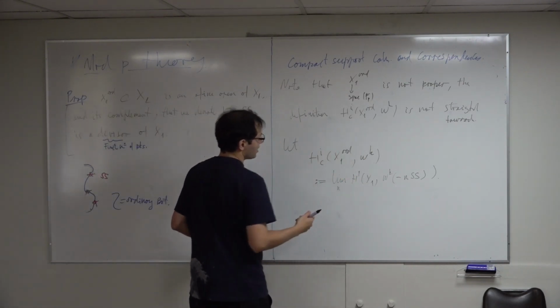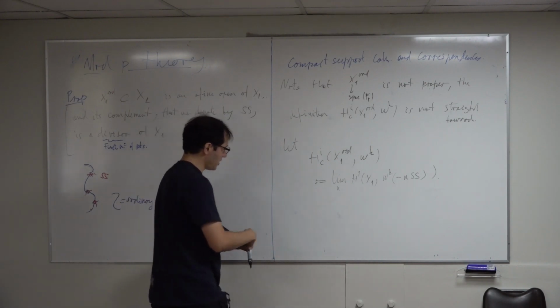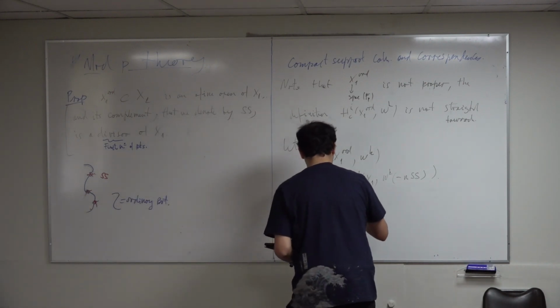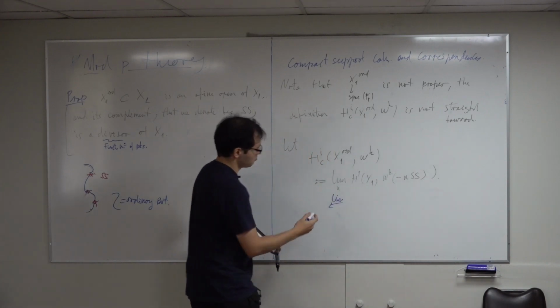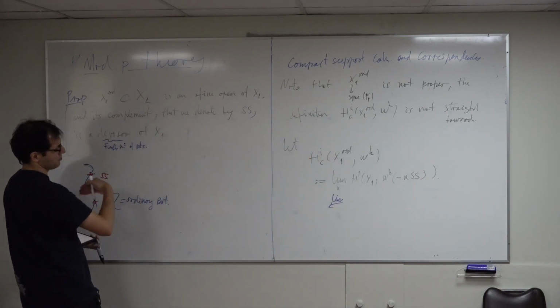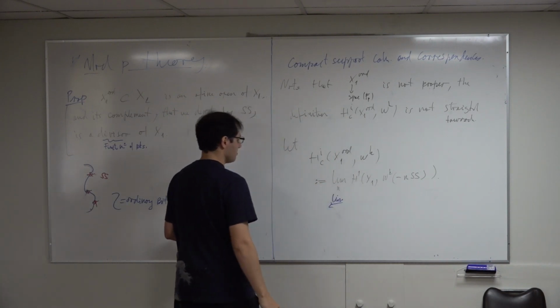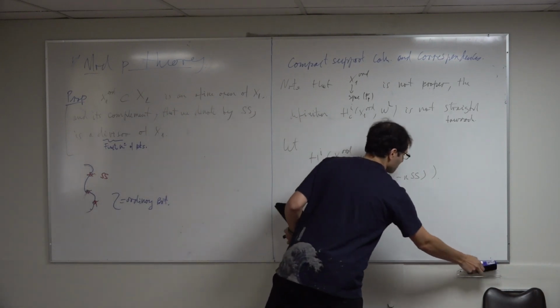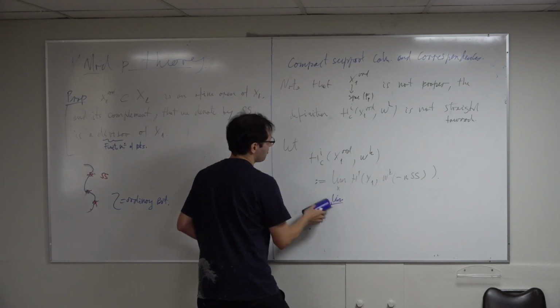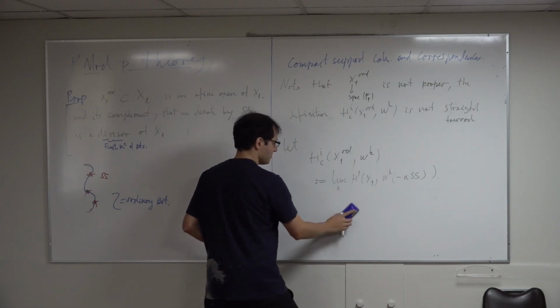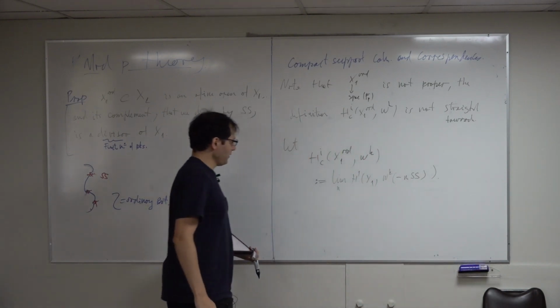Some people call this a direct limit. If you want, you can write it with this arrow. People put an arrow in that direction, but we just put limit. So this is a direct limit, like the limit appearing in the p-adic numbers.